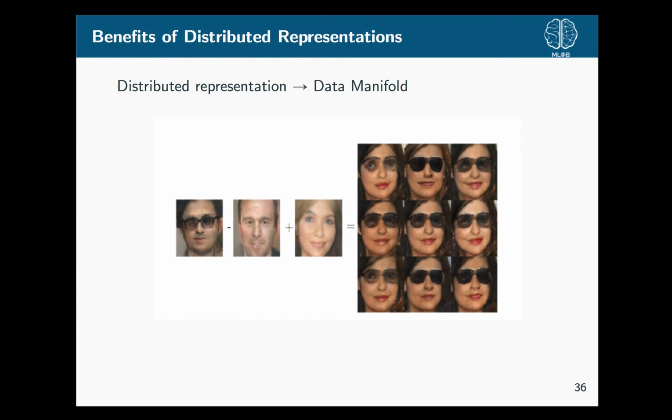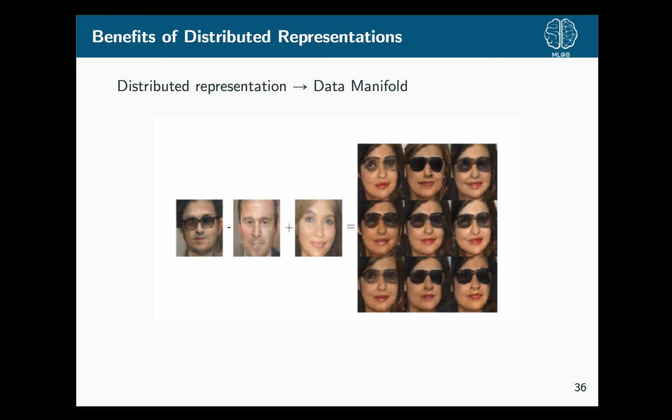And if you're able to actually build distributed representations, then you can do very cool things like this. For example, on the very left is a representation of man with glasses, so basically man plus glasses. And in the middle is a representation of man. If you take the vector of man plus glasses, subtract man, and add woman, then you can get woman plus glasses.